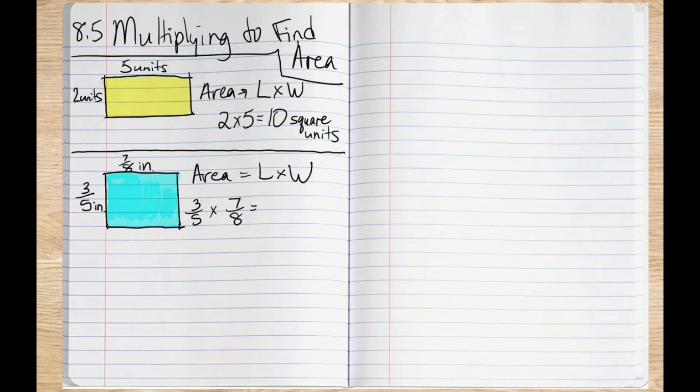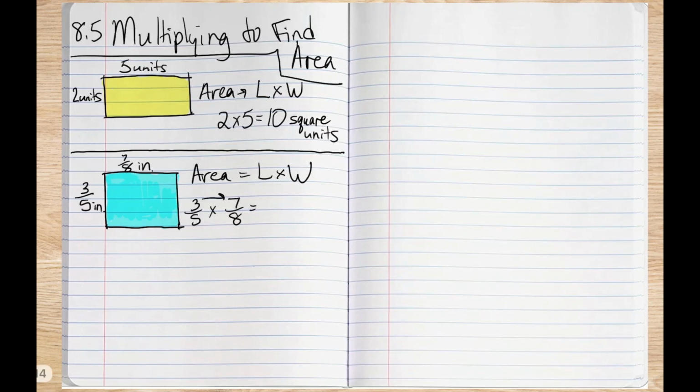We learned this strategy in an earlier unit, so it's not really stressful. 3 times 7 is 21. 5 times 8 is 40. So the area of this shape is 21/40, and then I have to consider my label, which is inches squared, or you could have also written it like square inches.